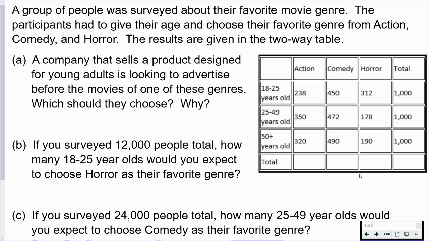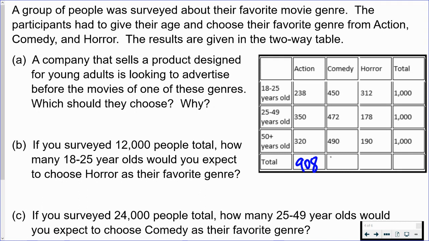Okay, next one. A group of people was surveyed about their favorite movie genre. The participants had to give their age and choose their favorite genre from action, comedy, and horror. Results are given in the two-way table below. The only thing they don't have is the totals, so let's quickly add those up. If we add up the action column, we get a total of 908. If we add up the comedy totals, we've got three different ones.